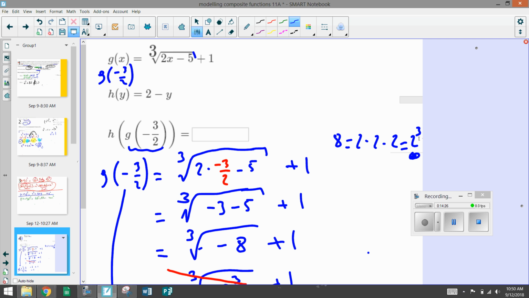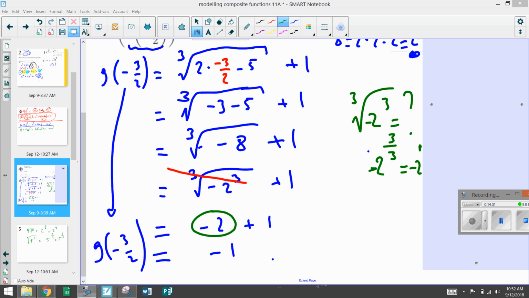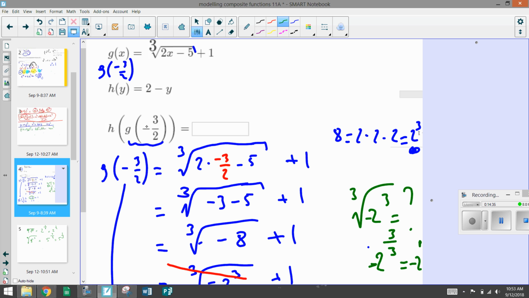Let's go back up. We know this one inside. What is this? Negative 1. Okay, new question is here. Here's the final question. What is h of negative 1? Because we found it here already.